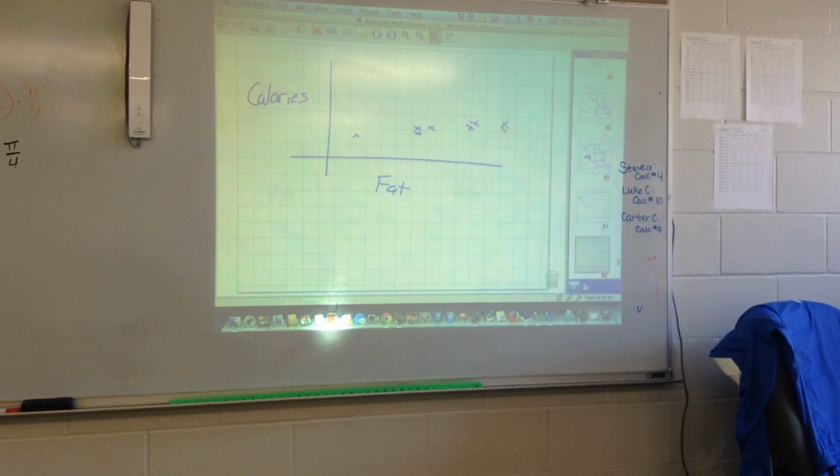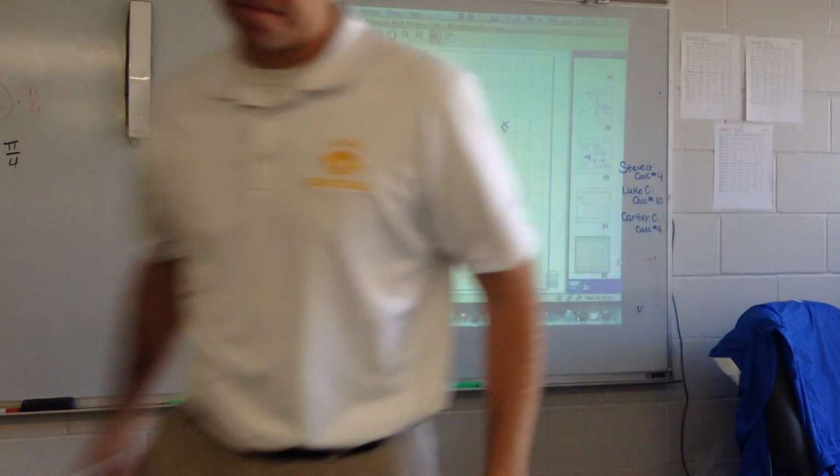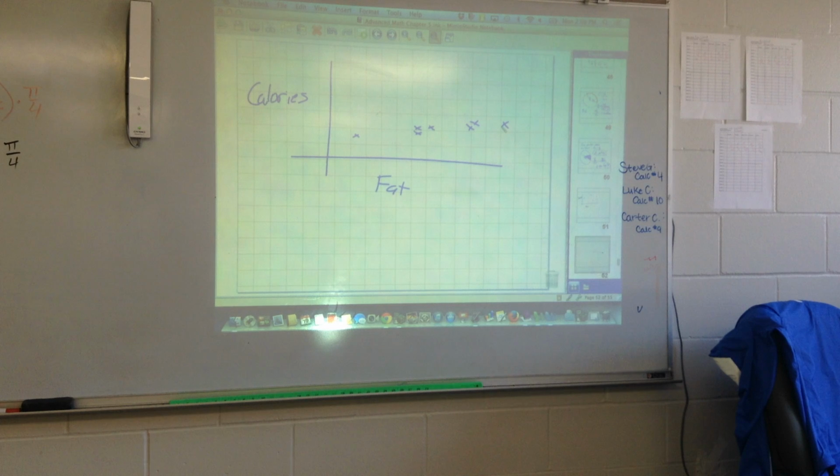Anybody still having problems getting their scatter plot up? See if you can help each other out. Do you have that data entered? Stat, edit. So L1 is your X values and L3 is your Y values, right? So go to stat plot.